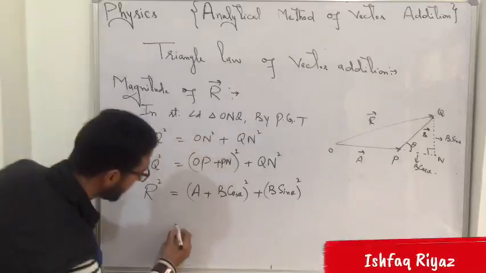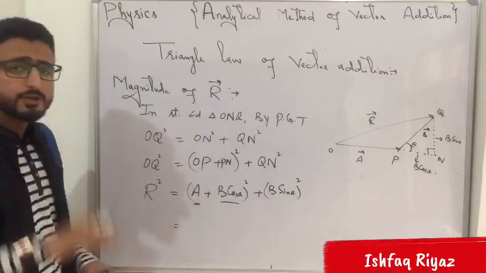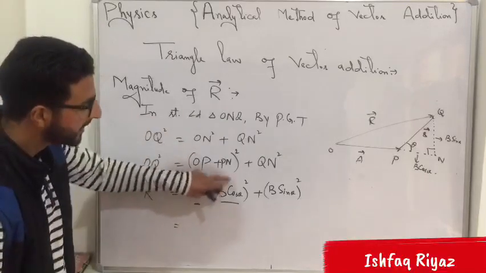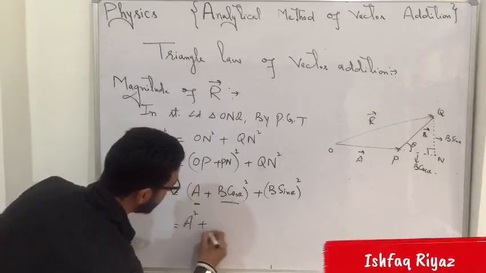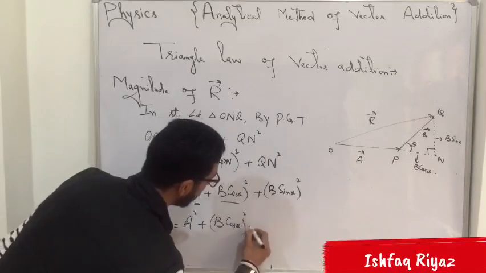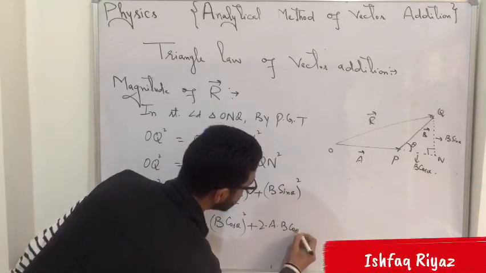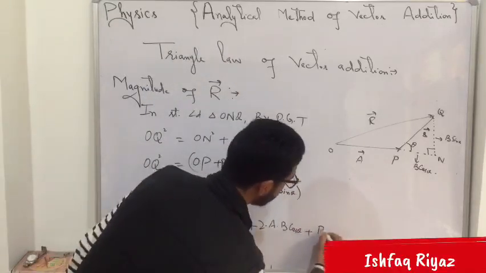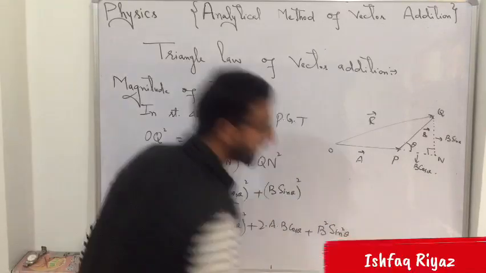Okay. So use the formula A plus B whole square is equal to A square plus B square plus 2AB cos theta. Here B के बदले B cos theta है. So I will write this is A square plus B cos theta whole square plus 2A into B cos theta. ठीक है ना? और इसके बदले में लिखूंगा B sin theta whole square is equal to B square sin square theta.